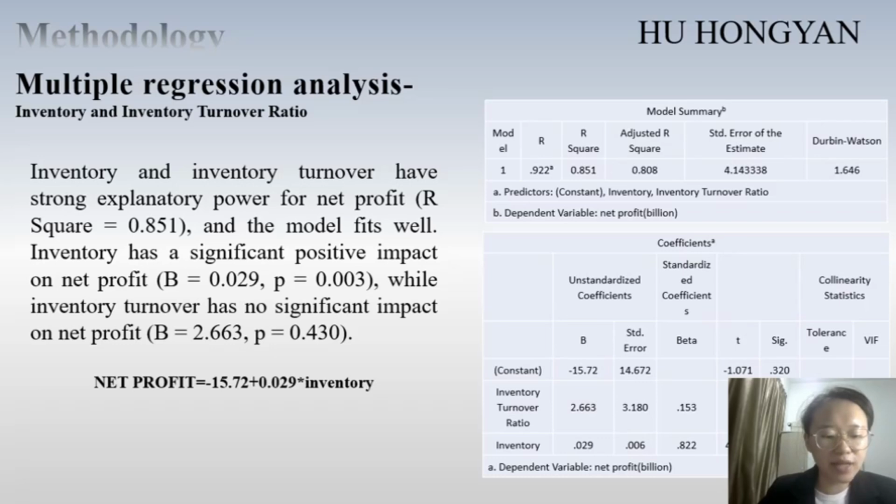At the same time, we can see that the p-value of inventory is less than 0.05, indicating that it has significant impact on net profit. However, the p-value of inventory turnover ratio is greater than 0.05, indicating that it has no significant impact on net profit and can be ignored.